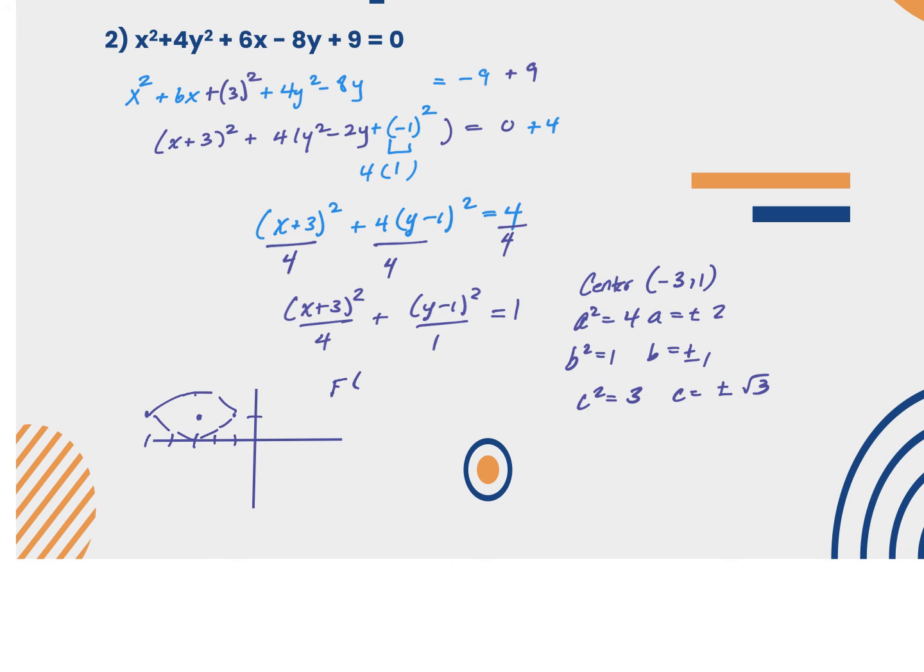So it's negative 3 plus or minus root 3, comma the same height, which is 1. And then our vertices are going to be negative 3 plus or minus 2, comma 1. You can leave this all unsimplified and then just go ahead and throw in your focus points in there.